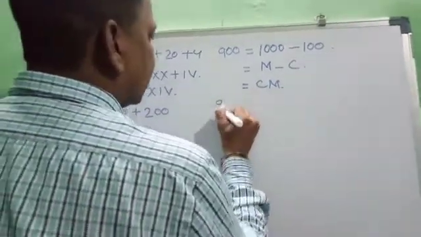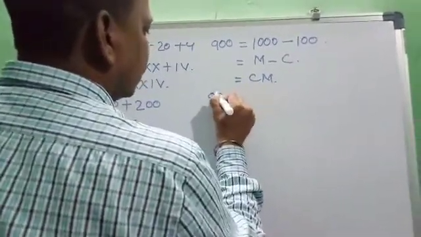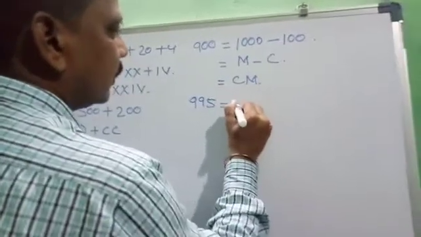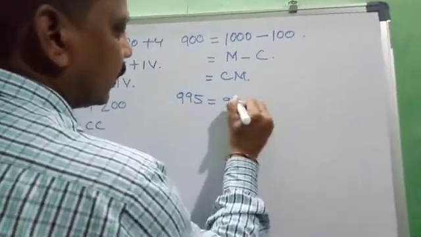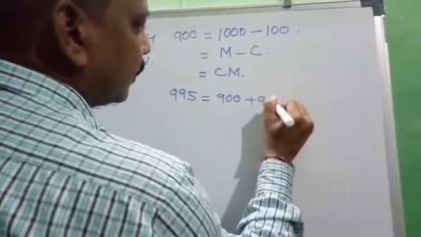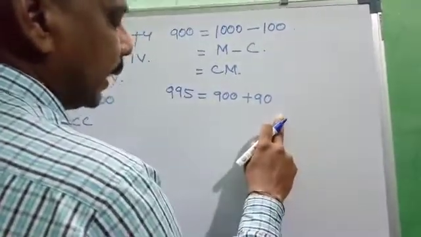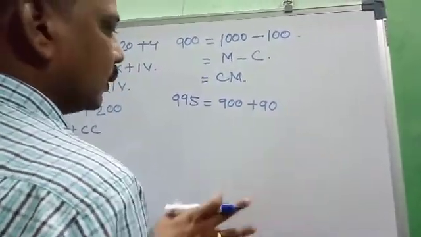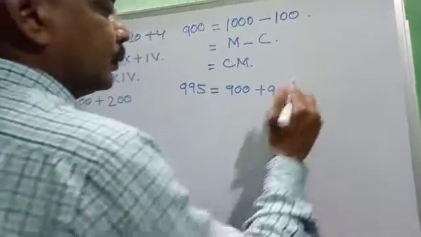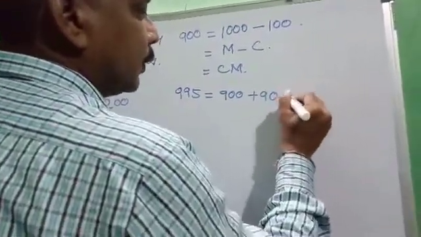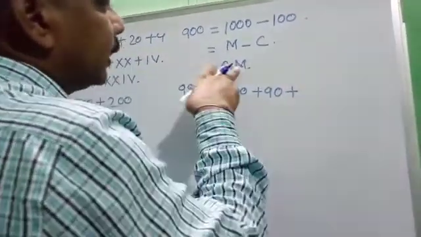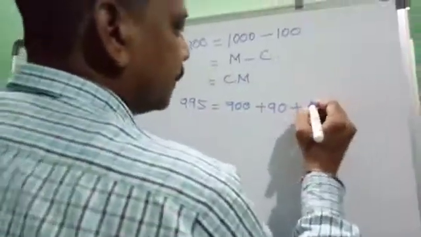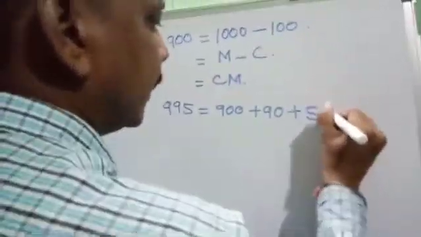Then we can write 995. 900. For your practice, I am writing this. If you know it properly, then you can write the direct answer. Plus 5.